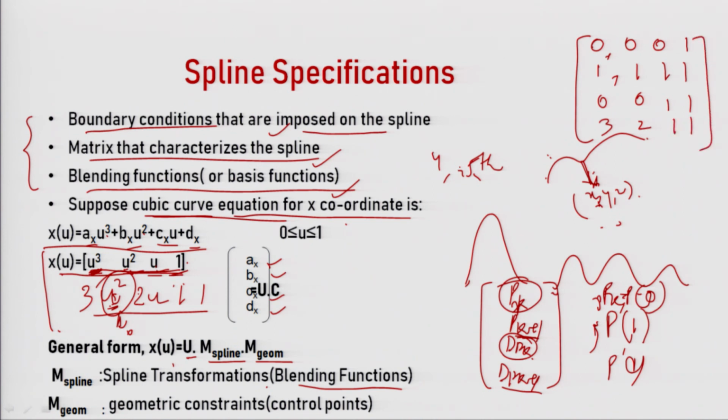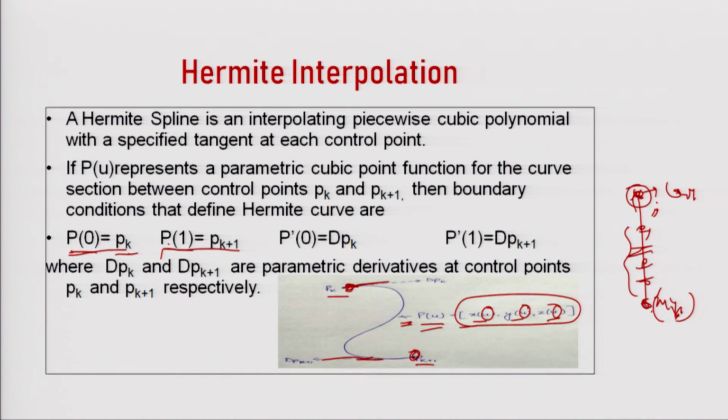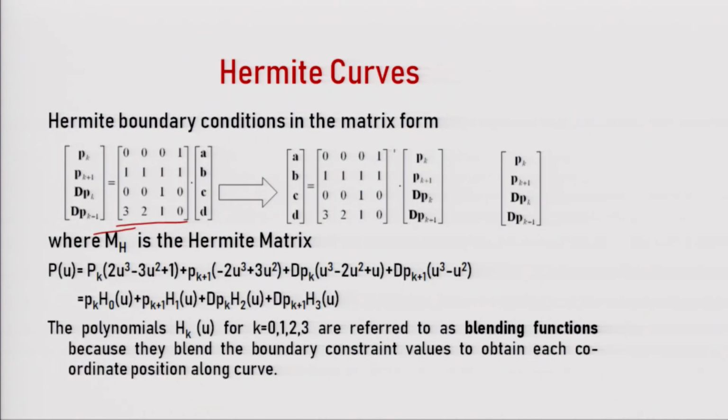This is your matrix. Here you can see that pk, pk plus 1, dpk, dpk plus 1 is 0, 0, 0, 1, 1, 1, 1, 1, 0, 0, 1, 0 and 3, 2, 1, 0. And now A, B, C, D are the 4 parameters.